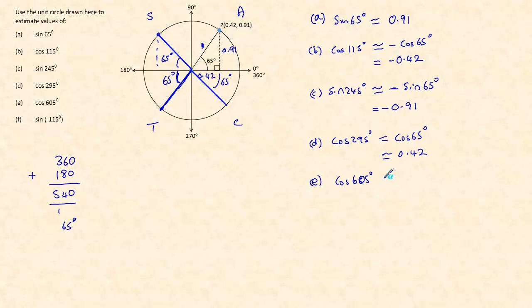So that's going to be the negative, because we're in the tangent quadrant, of cos 65, and so that's approximately negative 0.42.